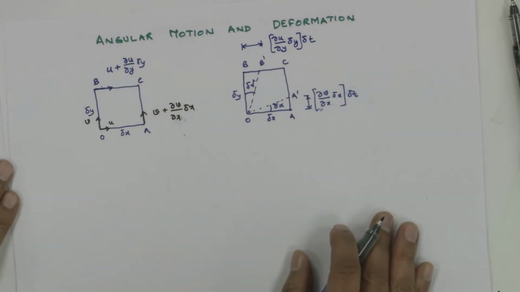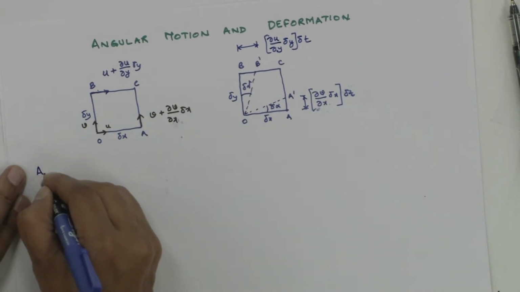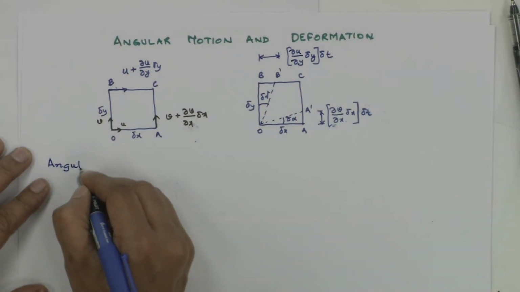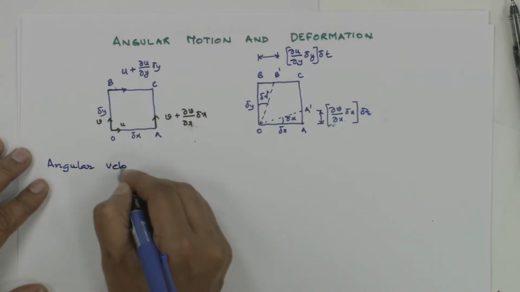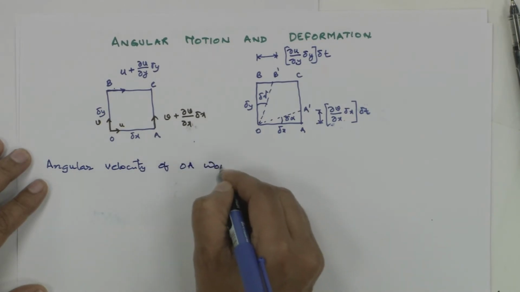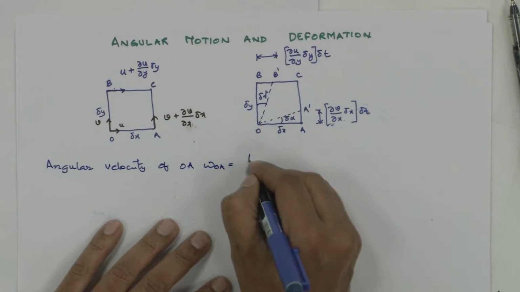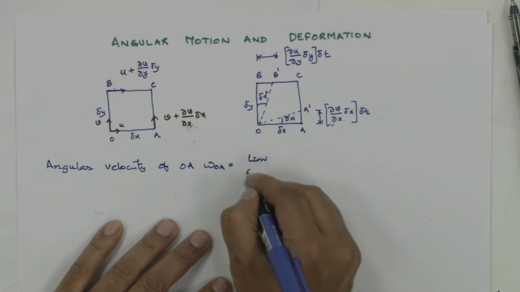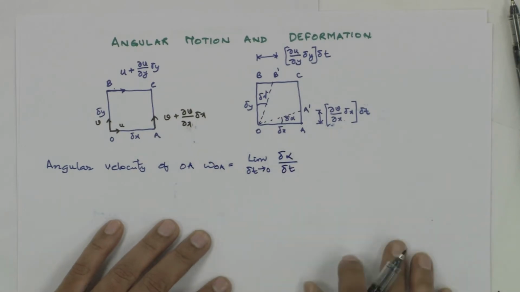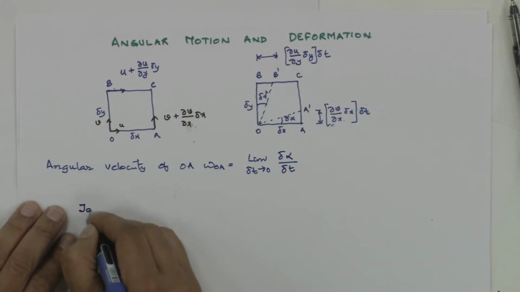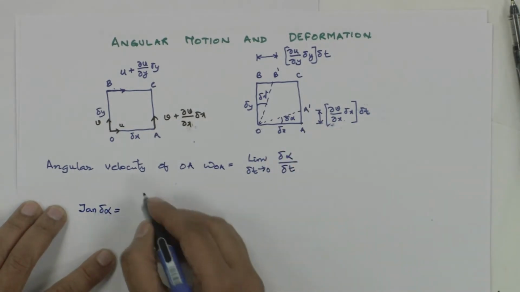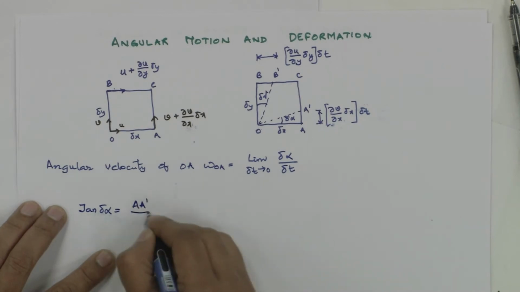Now, angular velocity of OA, that is omega OA, is equal to limit as Δt tends to 0 of Δα by Δt. See what is tan Δα? Tan Δα is opposite by adjacent, that is AA prime upon OA.